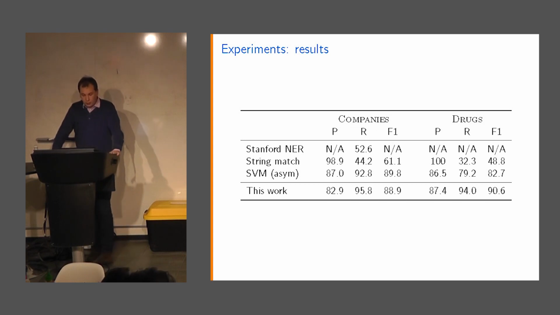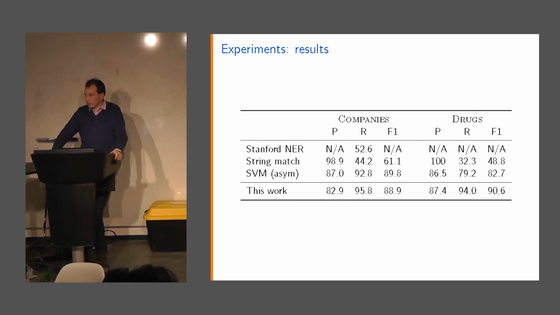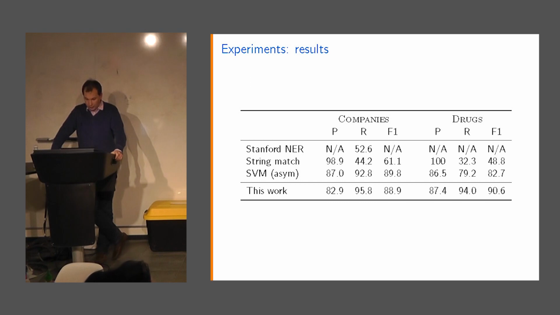The second one is the string match. In that case the named entities are really not ambiguous, and so we have precision that is almost 100%, and the recall is actually not that bad. I was quite surprised that it was so high.